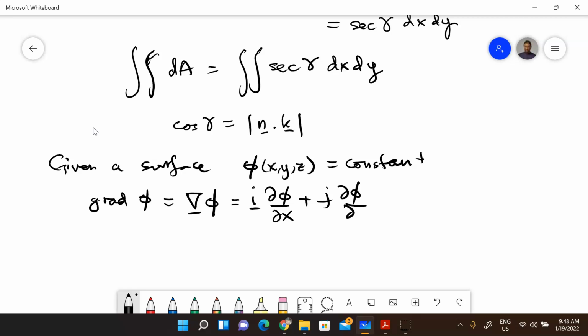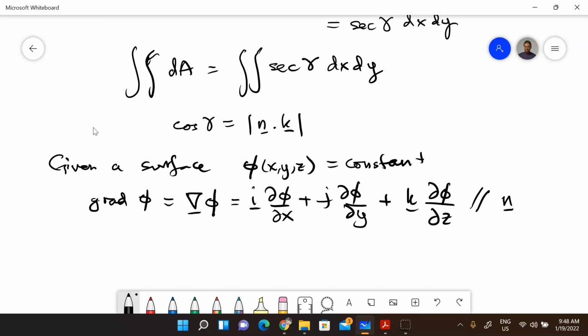So here we are encroaching on vector calculus, which is the subject of the next chapter. We can do it here. Well, it's parallel to the normal of the surface.